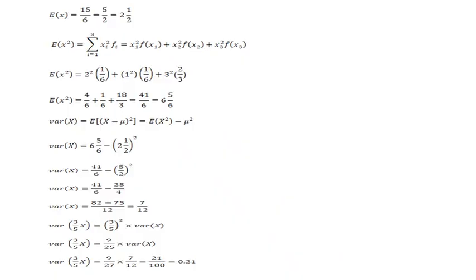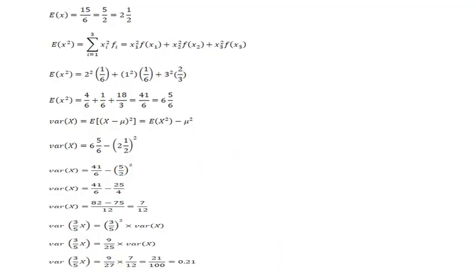Then to estimate the variance, we said that the variance of x, either for a continuous or for a discrete random variable, is the expectation of x minus mu, all squared. When you open this bracket, as I explained earlier, it gives us E of x squared minus mu squared, because the expectation of mu is still mu.